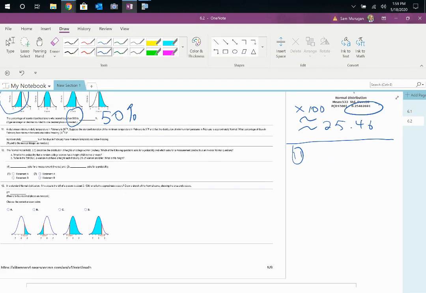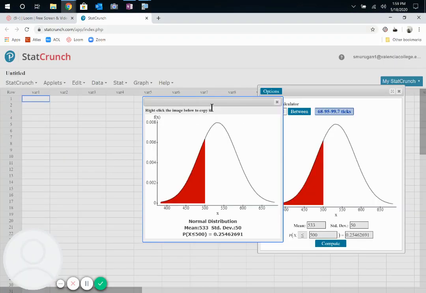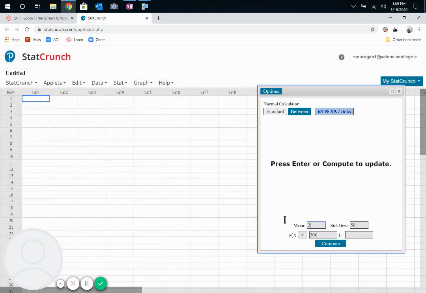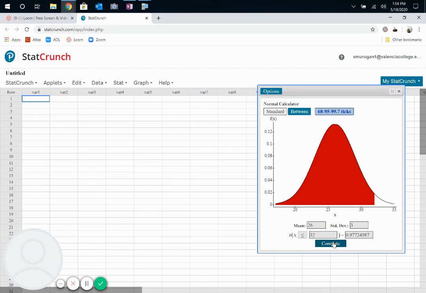The mean is 26, standard deviation is 3, below 32. Going to the StatCrunch program, compute, and I get 0.977, which is approximately 98%.